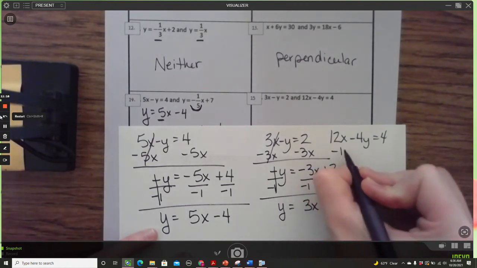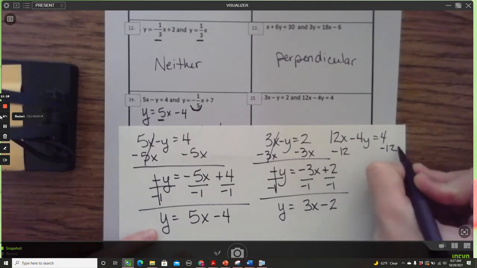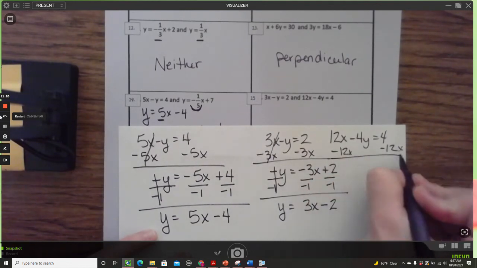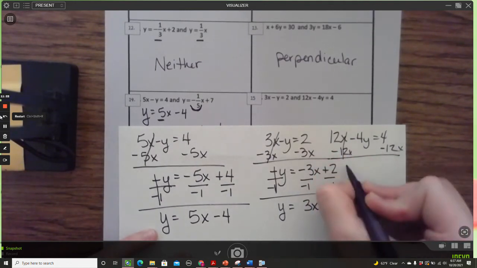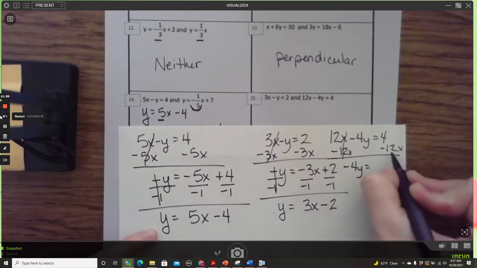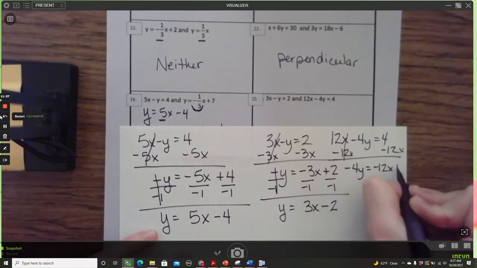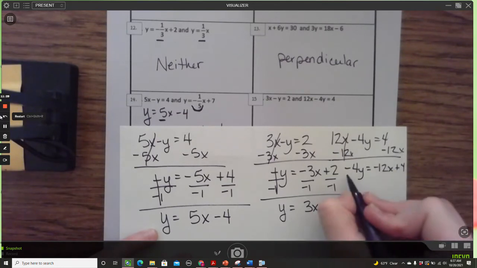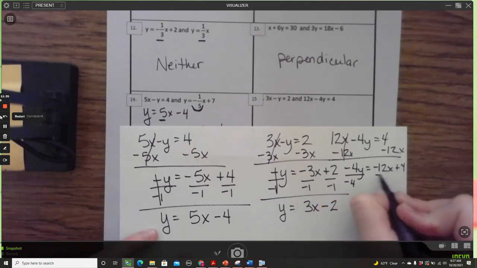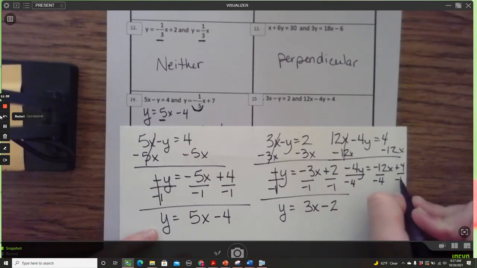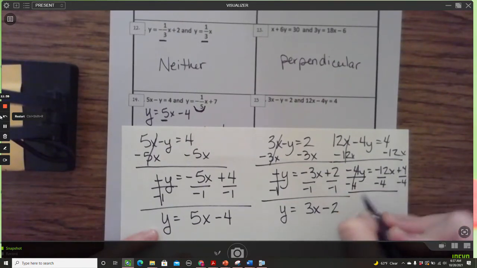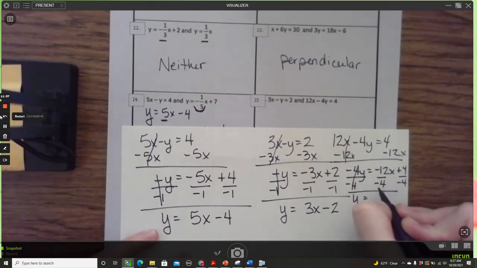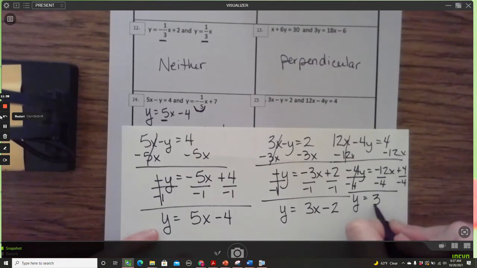All right, on this one, I'm going to subtract 12x from both sides. So I'm left with a negative 4y equals a negative 12x plus 4. Divide by negative 4. So these cancel. Negative 12 divided by negative 4 is a 3.